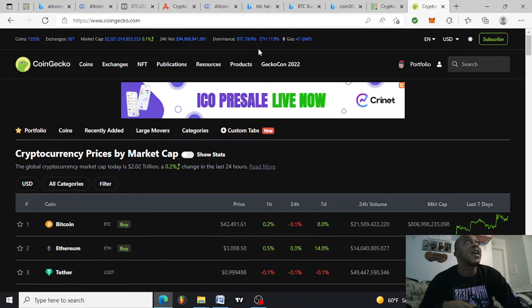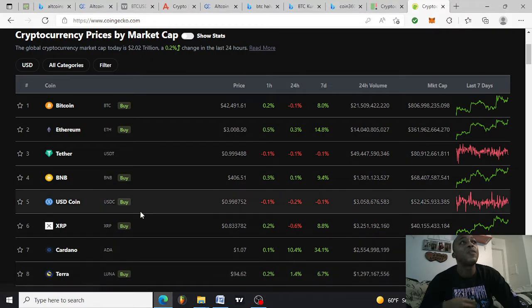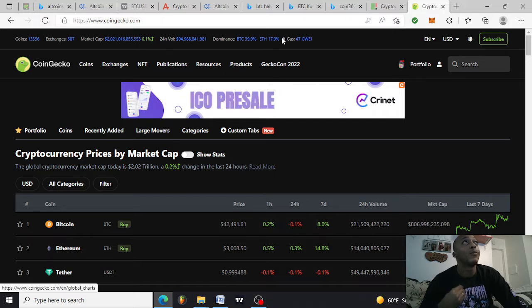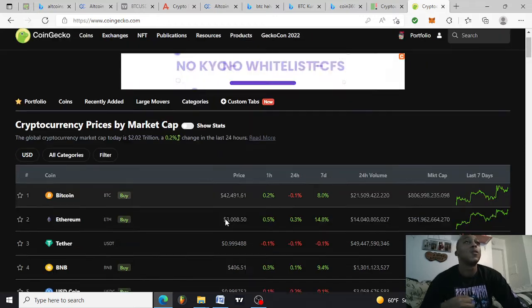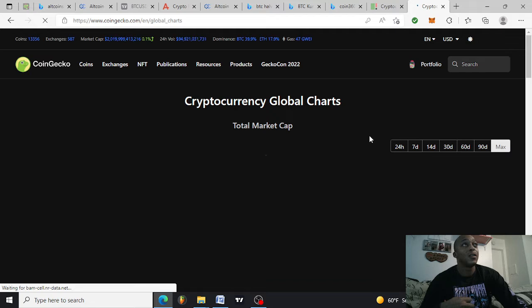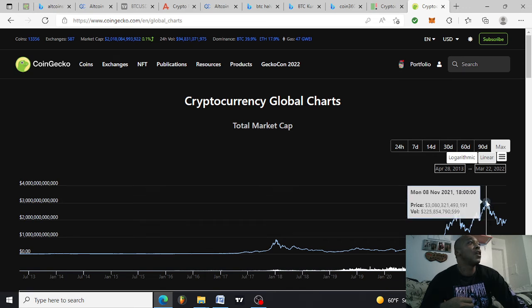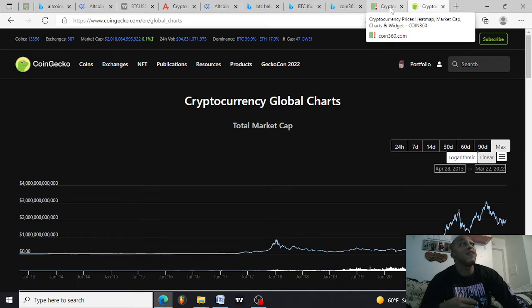So when Bitcoin is at 51%, it should be the best time to buy them coins. You know, Ethereum has 17% versus Bitcoin. So when the Ethereum dominance rises, that means it may be the best time to be taking profits. That's what I assume. But the all-time high of Ethereum dominance was around November the 8th in 2021. Let's just say around the time when Ethereum's having its all-time highs.